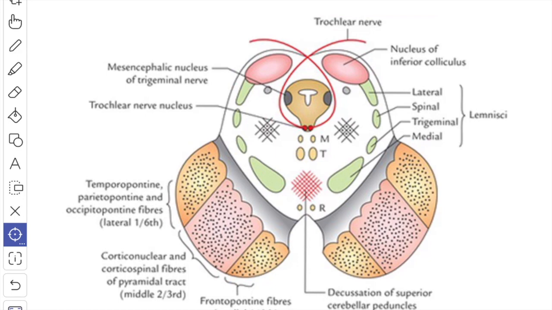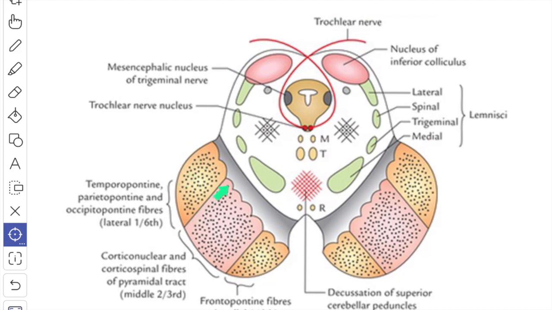The corticospinal and the corticonuclear fibers occupy the middle two thirds of the crus cerebri, and the frontopontine fibers occupy the medial one sixth, and the temporopontine, parietopontine and occipitopontine fibers occupy the lateral one sixth of the crus cerebri.